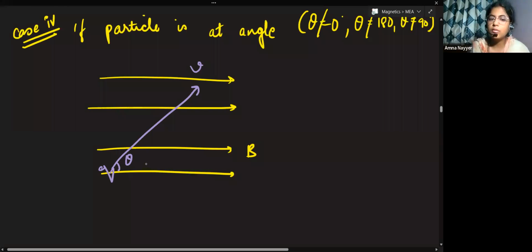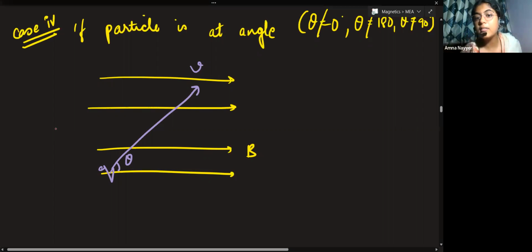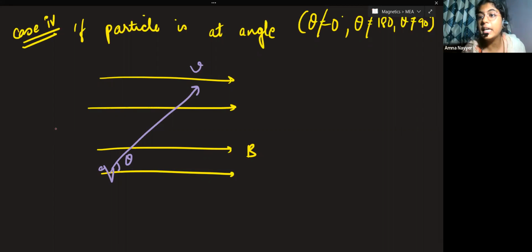See, if I resolve the vectors, this part will be parallel. For those who have forgotten resolution of vectors: with the angle made with the axis, do we take cos or sine?